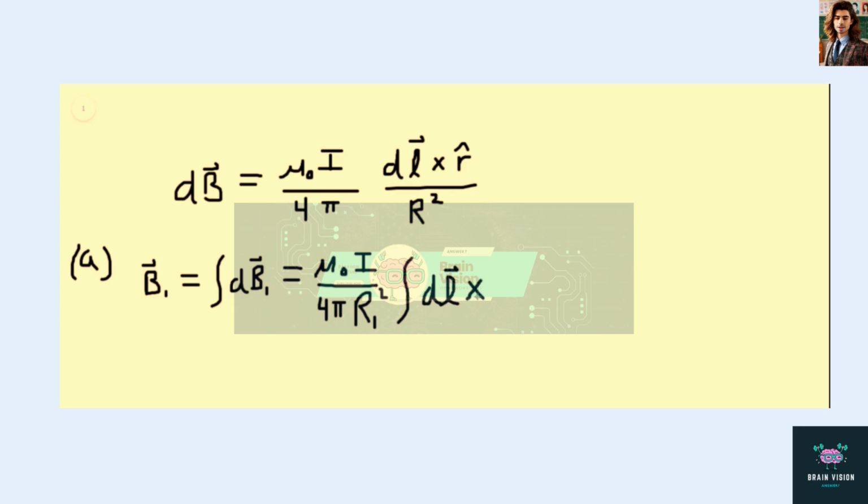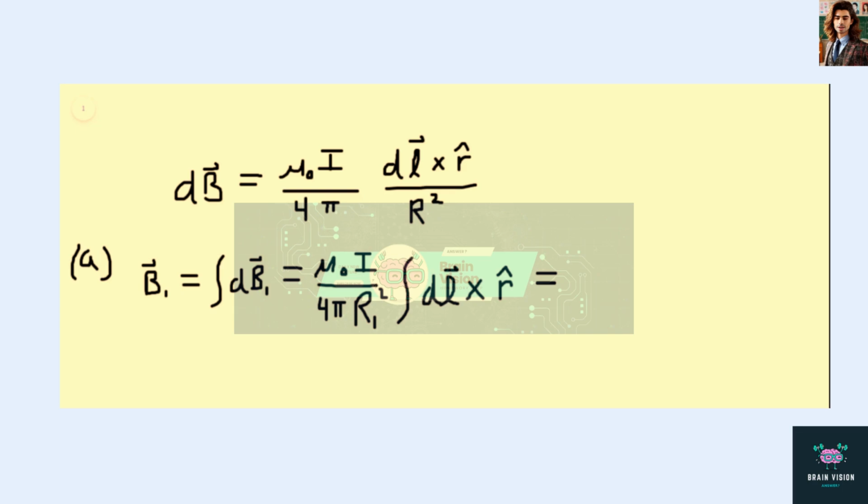cross r hat. But we can simplify this even more, because remember that r hat is the unit vector along the path, whereas dl is the small infinitesimal length. So if you do dl cross r hat using the right-hand rule, you get what we're going to call k hat, which is going into the page.